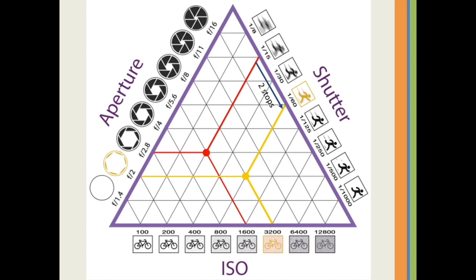And so if I'm reducing the light by increasing my shutter speed, I need to make sure that I increase the light by changing my aperture or my ISO or a combination of both. So basically what I'm going to do here, I'm going to increase by one stop my aperture, and I'm having a larger hole and I'm letting more light in to compensate for my faster shutter speed.